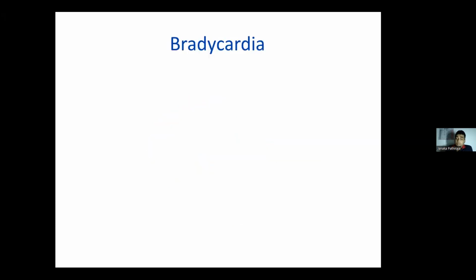So when you say bradycardia, what do you understand? What is bradycardia? Anybody? Heart rate less than 60 beats per minute. Yeah, that is the basic classification.